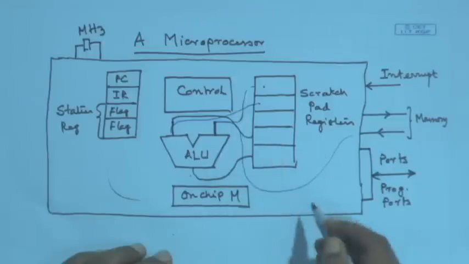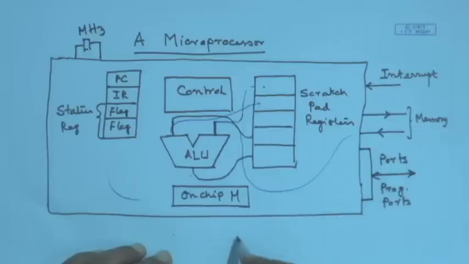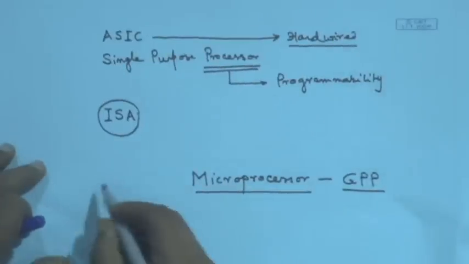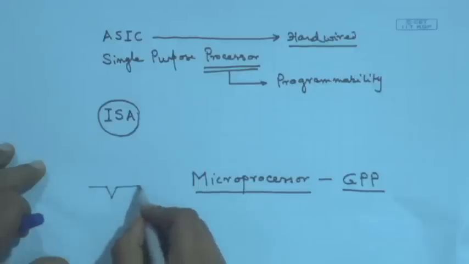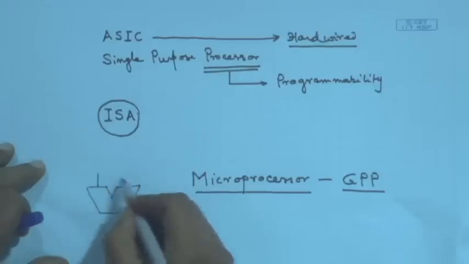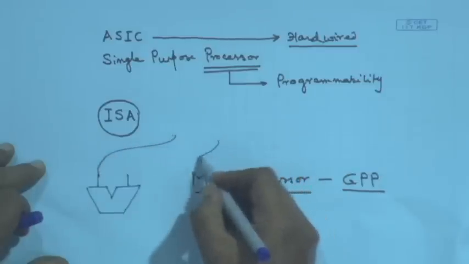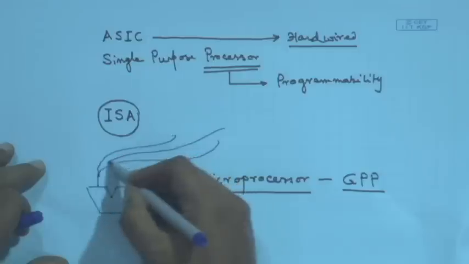Now, how can that be made possible? I have got only one ALU and there are two inputs. The data can come from this path or from another path.